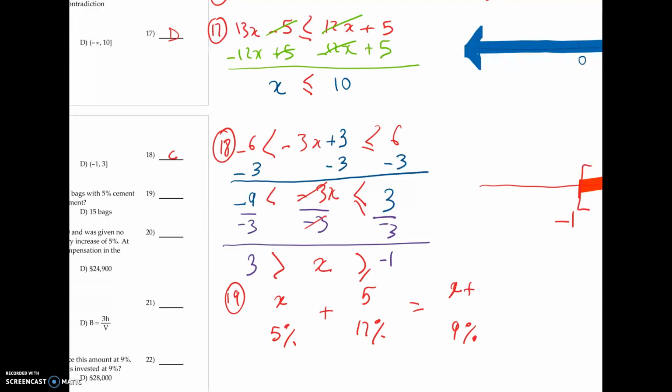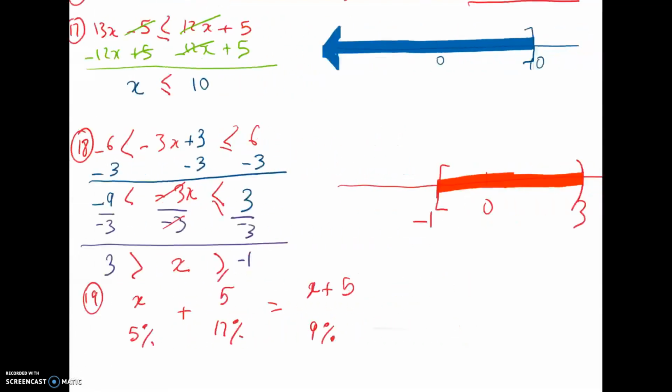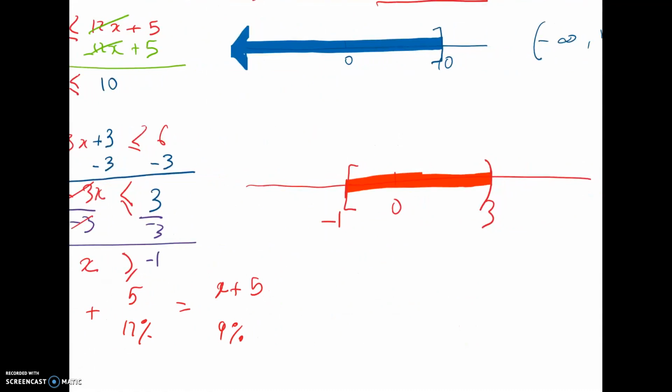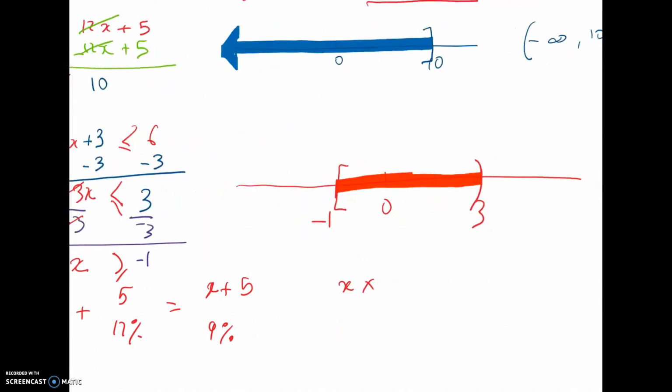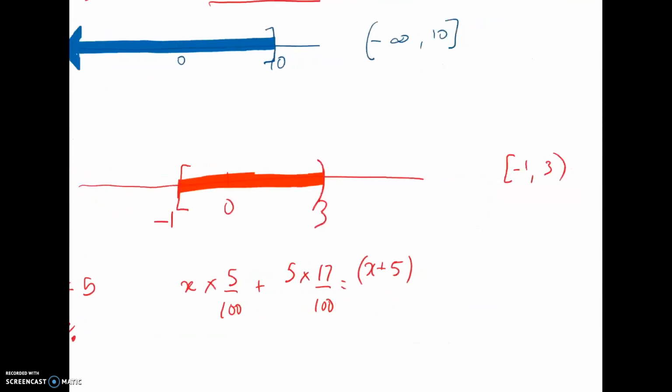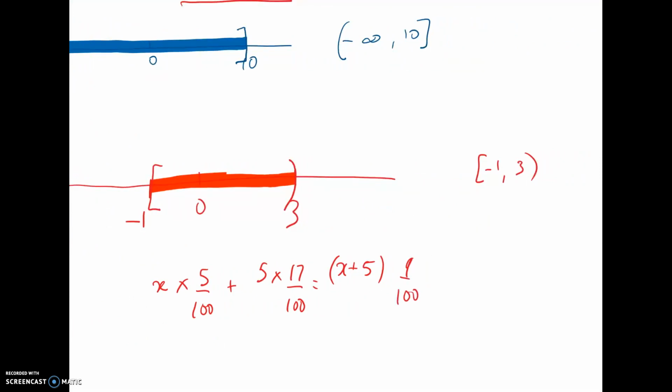Obviously I have x plus 5 bags. So now it's pretty easy. I need to do x multiplied by 5 over 100, plus 5 multiplied by 17%, equal to x plus 5 multiplied by 9 over 100.